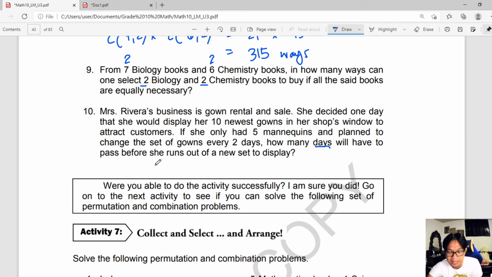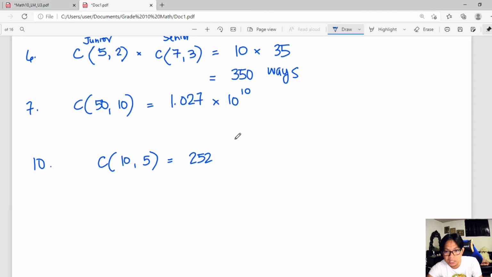So, since every 2 days man siyang pinapalitan yung mga mannequin, ibig sabihin, we will just multiply 2 here. So, times 2 days, kasi every 2 days man yung palitan ng gown sa mannequin.